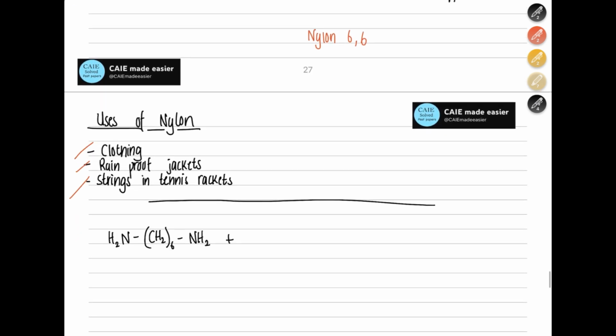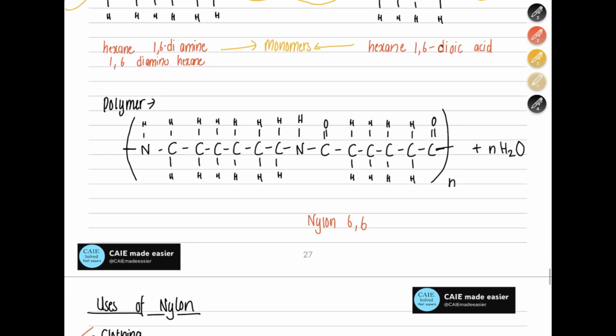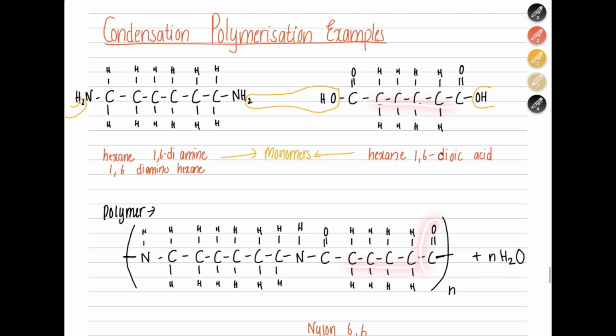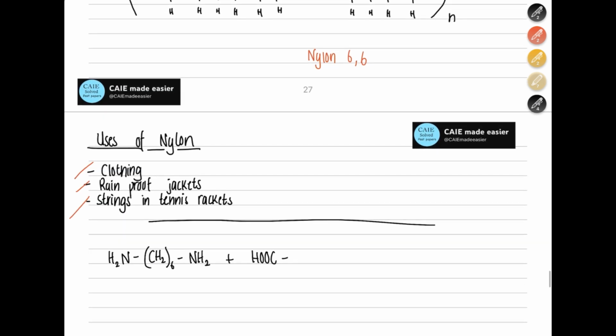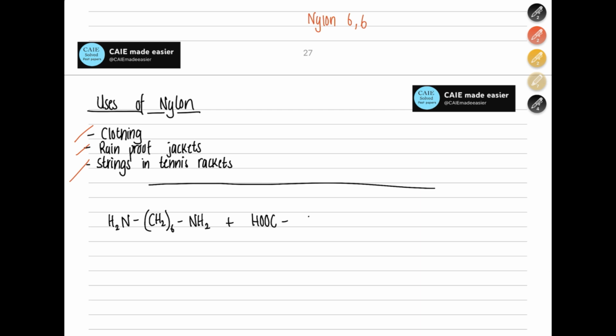So we will write HOOC, and then CH2 repeated 4 times, because the other two carbons are bonded as C double bond OH. So CH2 4, and then C double bond OH.